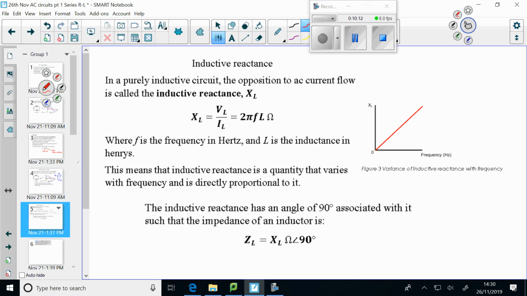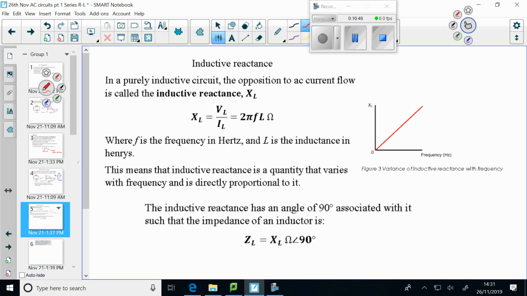If we change frequency, the inductive reactance will change. If we change frequency, the resistance of a resistor doesn't change. So the inductive reactance is directly proportional to the frequency. As frequency goes up, XL goes up as well. XL is measured in ohms, and it has a positive 90 degree angle associated with it. So an inductor has a positive 90 degrees.